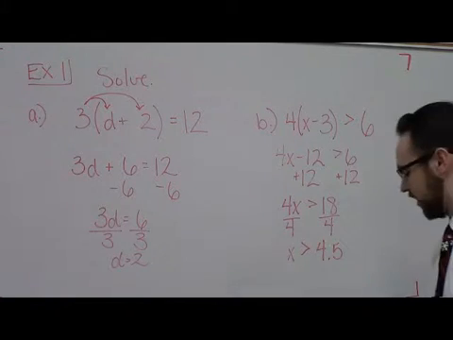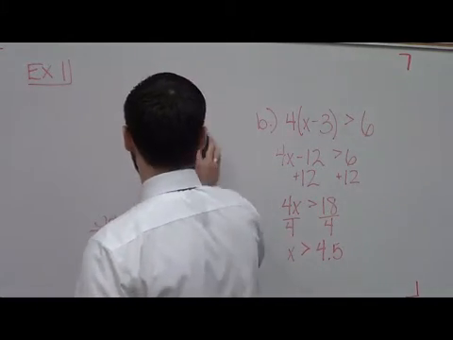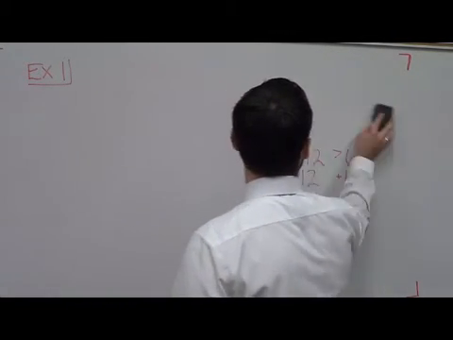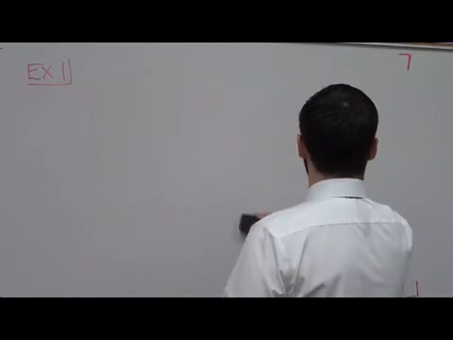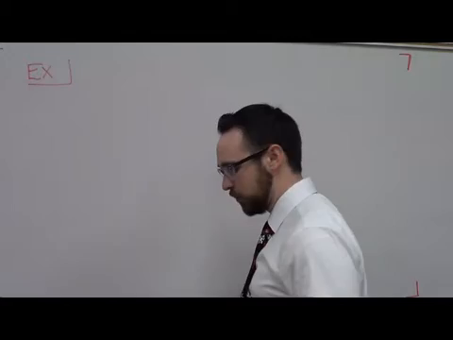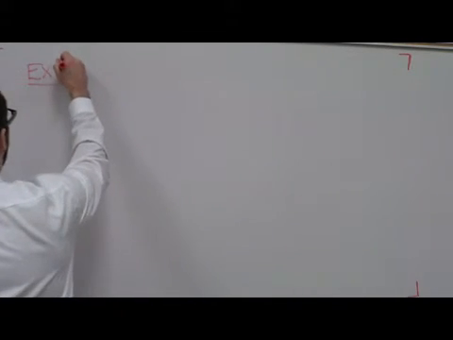Alright, so the next example, sometimes we're going to see this, is that sometimes you might have grouping symbols on both sides of the equation. So we can do that all in one step. So as we look at this next example, that's something we can do all in one step.